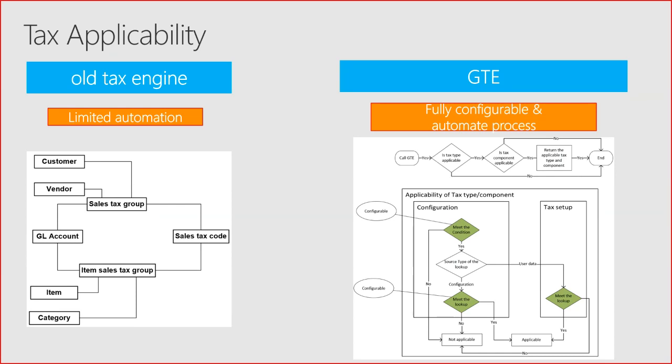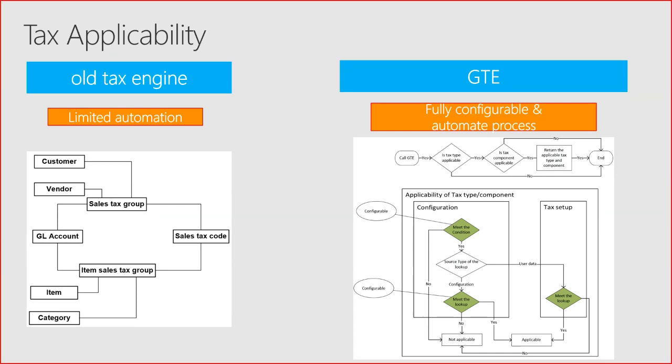So when you create a sales or purchase transaction, you have customer and item, then the system will default the sales tax group and item sales tax group, and the intersection will be the sales tax code which is applicable for this transaction.